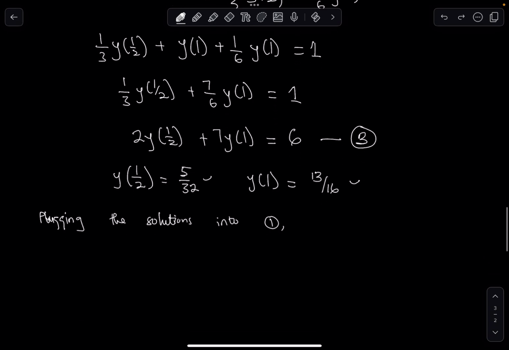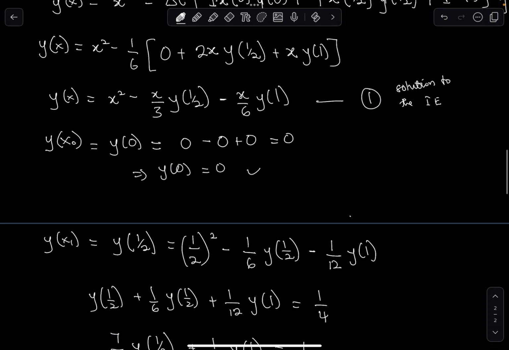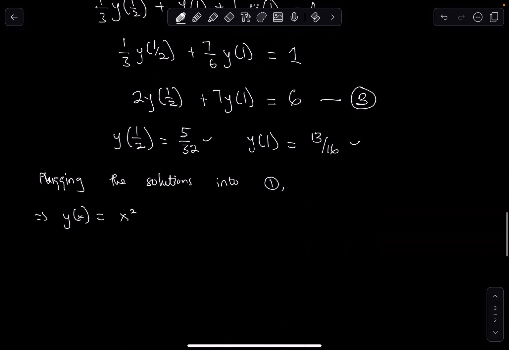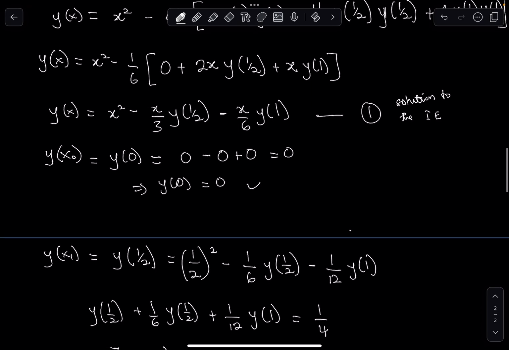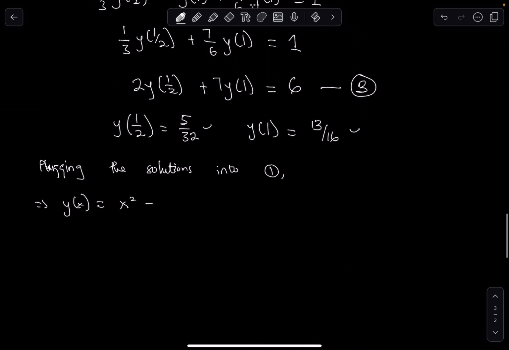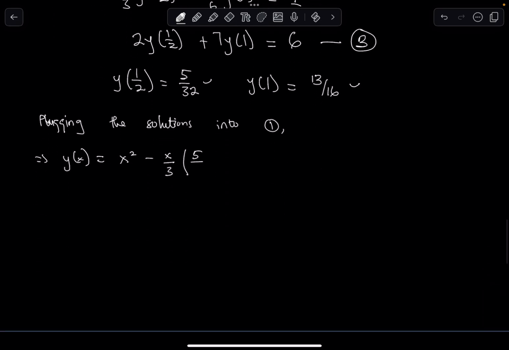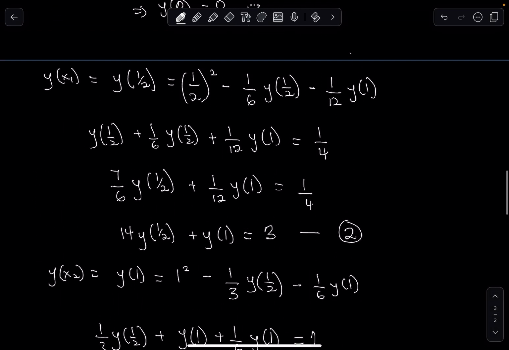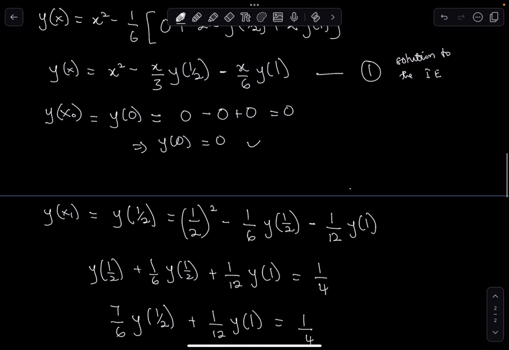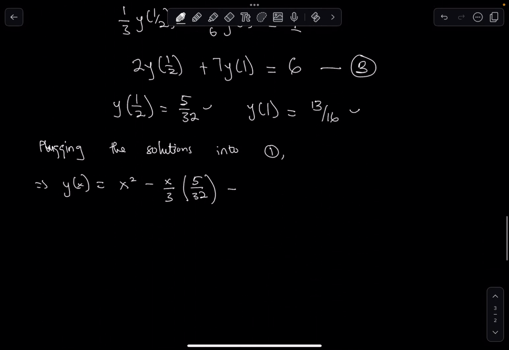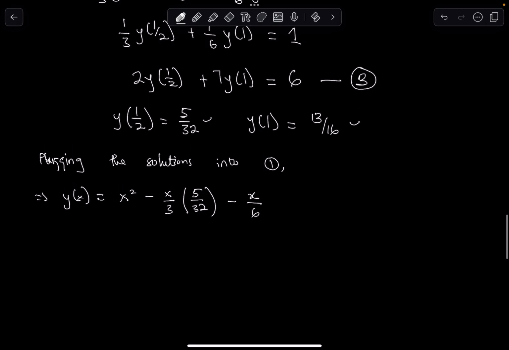We're going to have y of x being equal to x squared minus x over 3 multiplying y of 1 over 2, that is 5 over 32, and that should be plus, where is it, minus x over 6, and y of 1 is 13 over 16.